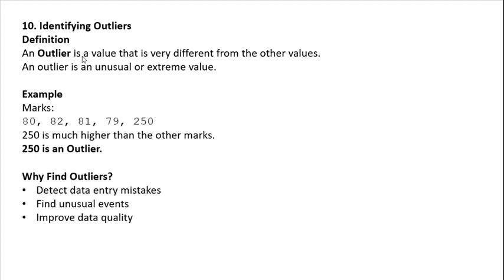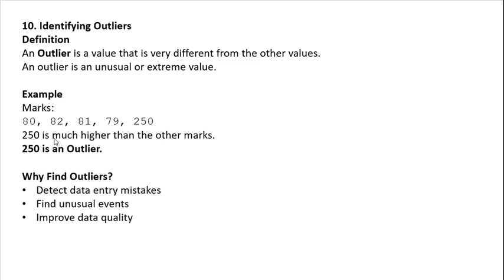Outliers are values that are very different from the other values; they are unusual or extreme values. For example, the marks given are 80, 82, 81, 79 and 250.